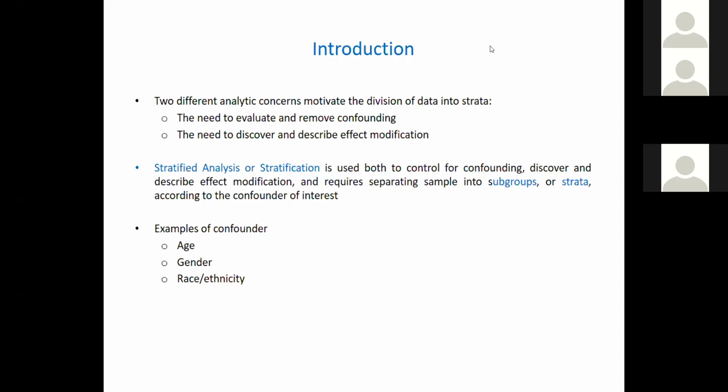Today we'll be looking at stratified analysis, and tomorrow and next tomorrow, we're looking at logistic regression. You may wonder, if you remember when we treated linear regression a few weeks ago, we did it together with correlation.